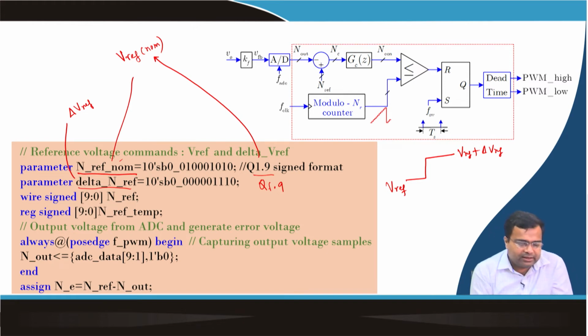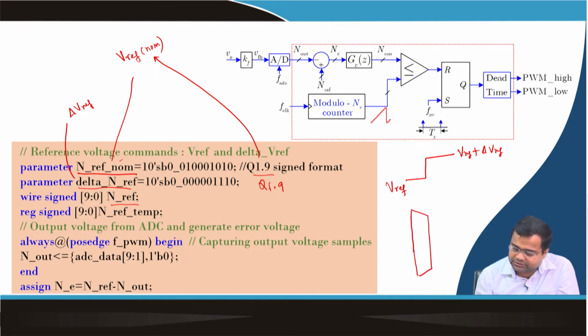So, the actual reference, that means we are using a mux here, where this will be our Vref and this will be Vref plus delta Vref, the summing block, 0 or 1 whatever, and this is like a nominal value. So, this is the actual Vref.